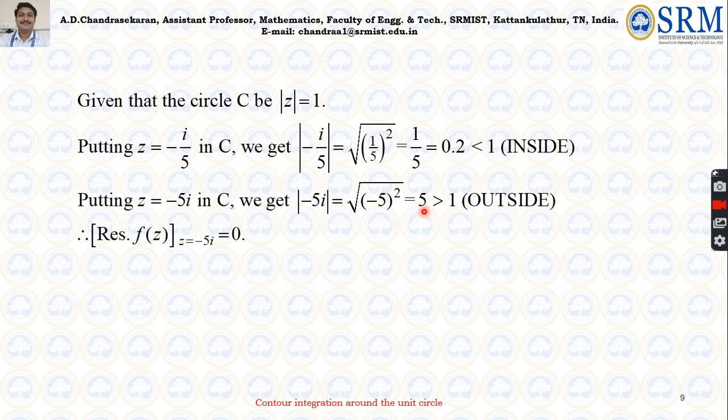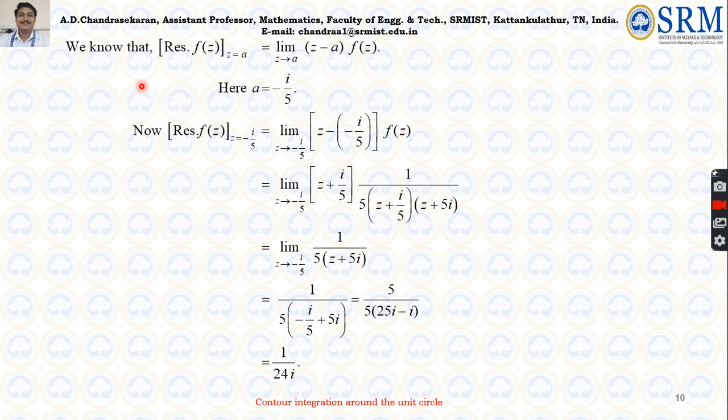Once the pole lies outside, the residue of f of z at z equals minus 5i is equal to 0. So there is no need to find the residue at z equals minus 5i because it is 0, the reason being it lies outside the unit circle. So we move on to the residue of f of z about the pole minus i by 5.